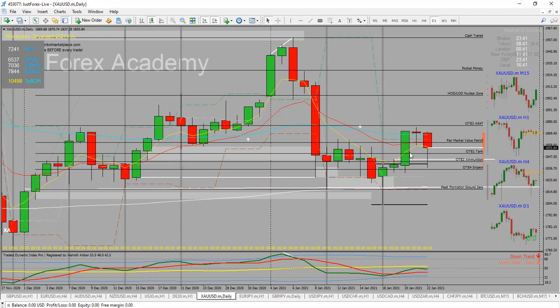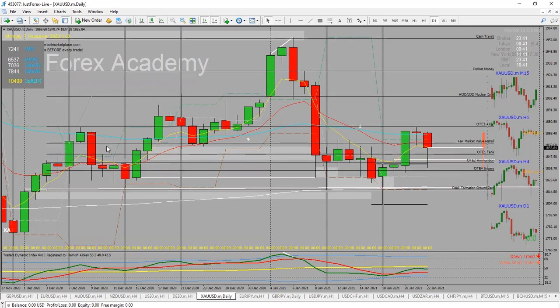So I'll be expecting them to come again to test this zone, or either the 50% of this candle because it was never tested going forward. Then my Fibonacci will be like this on this week, guys.